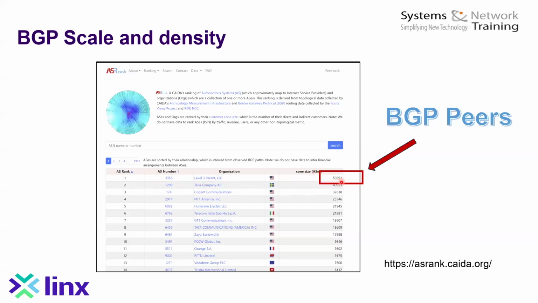They have over 50,000 other ISPs or other ASs that their BGP routers in this AS are peering with. So obviously they're a huge number. They're a top tier ISP, scaling to an enormous number, with more than 50,000 customers subscribing to their internet connectivity services.